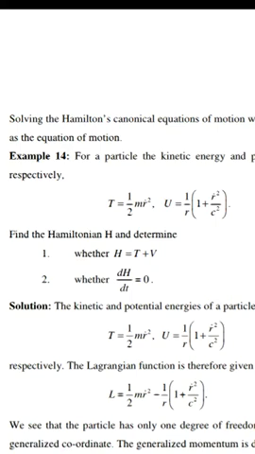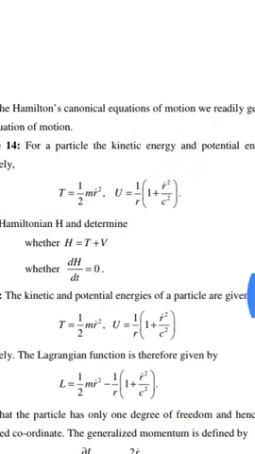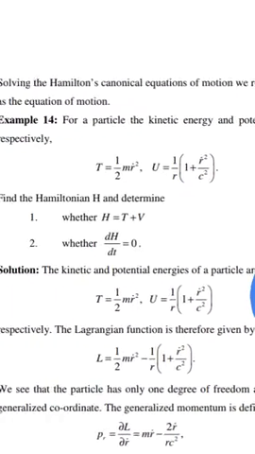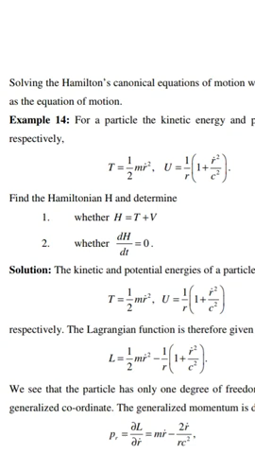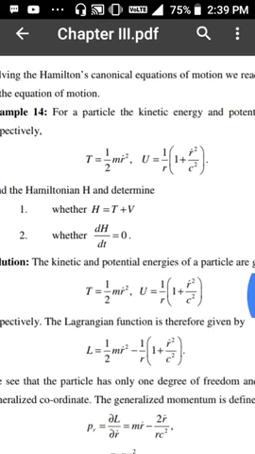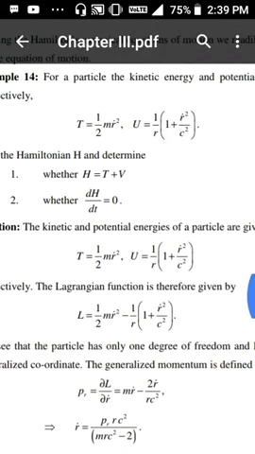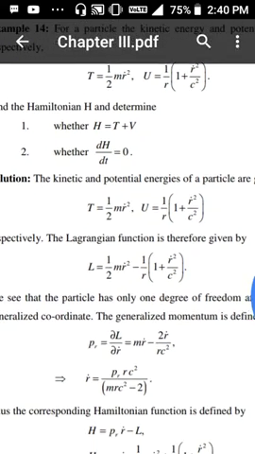Solution. The kinetic and potential energy of a particle are given by T is equal to 1 by 2 m r dot square, U is equal to 1 by r into 1 plus r dot square divided by c square respectively. The Lagrangian function is given by L is equal to T minus V, 1 by 2 m r dot square minus 1 by r into 1 plus r dot square divided by c square.